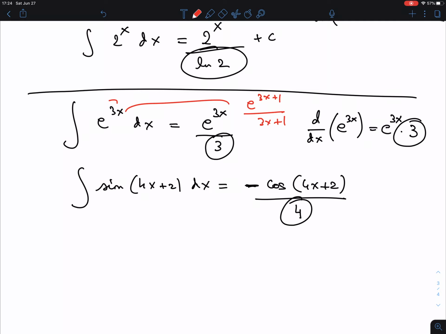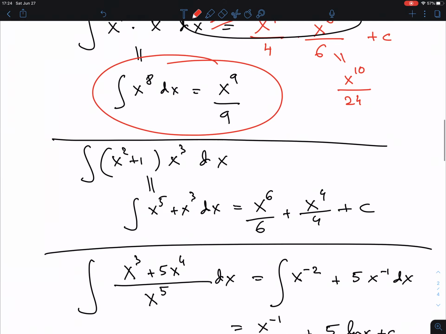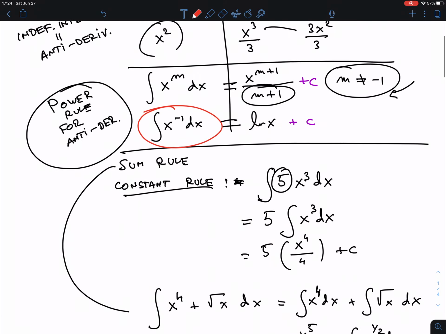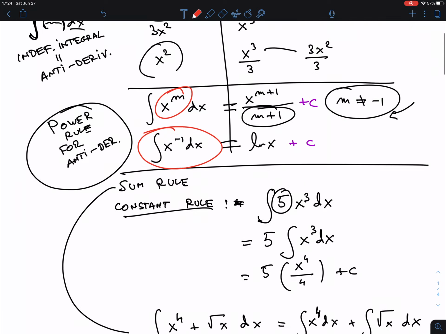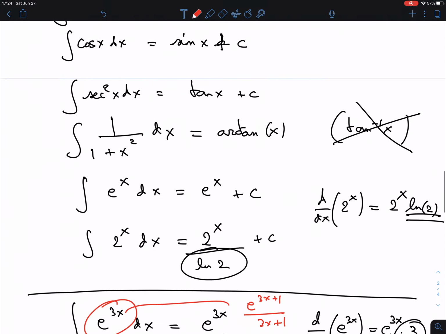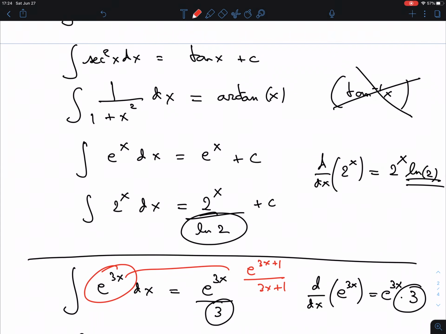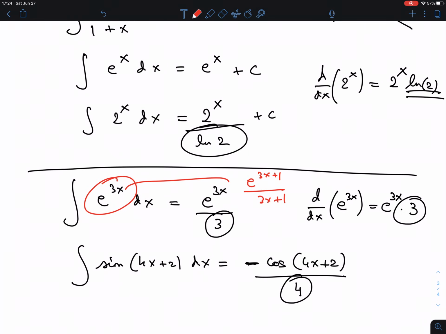No. Is this the same form as this? No, because here x is the base and the power is a fixed number. This is exactly the opposite. This is what we call a polynomial or a monomial. What is this? This guy, the base is fixed, e here, and the power is actually the variable.